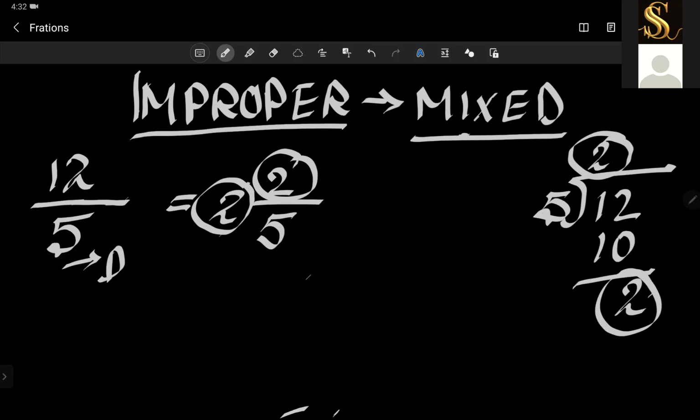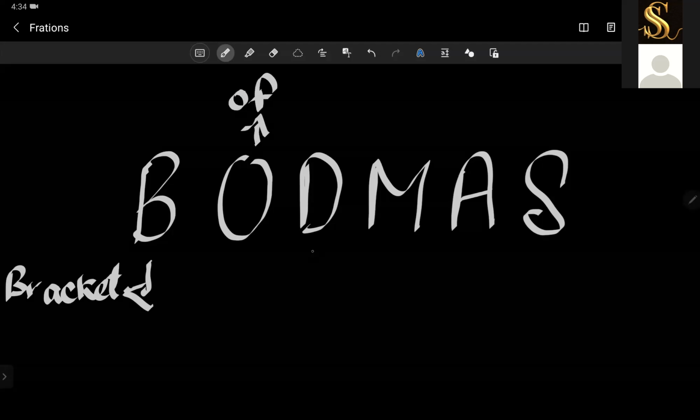Bracket, of, division, multiplication, addition, and subtraction.